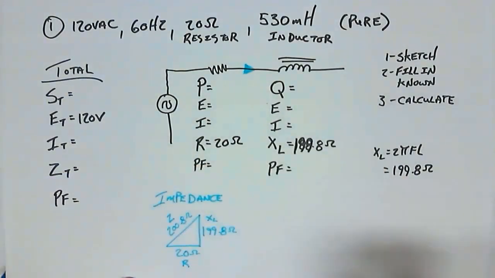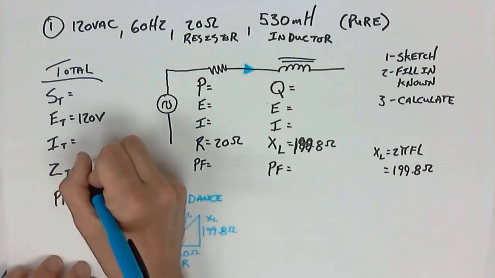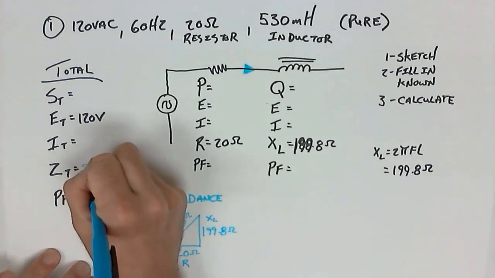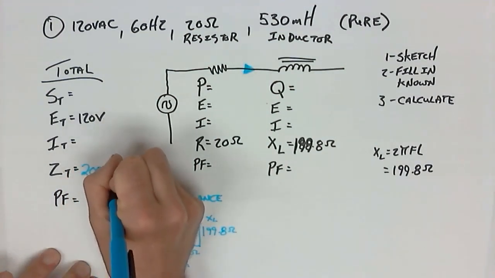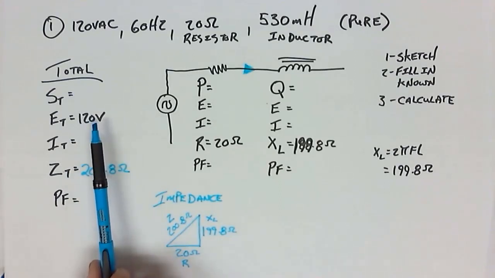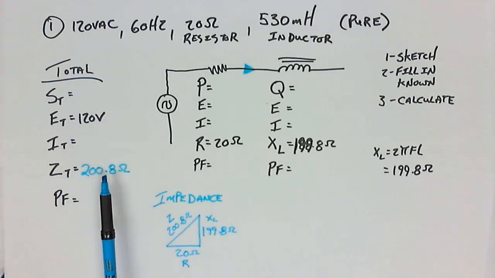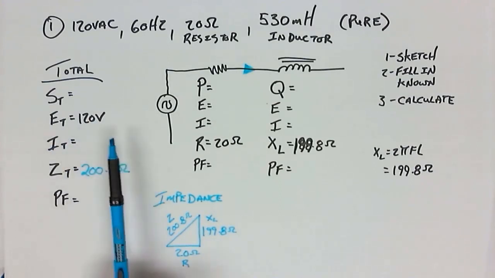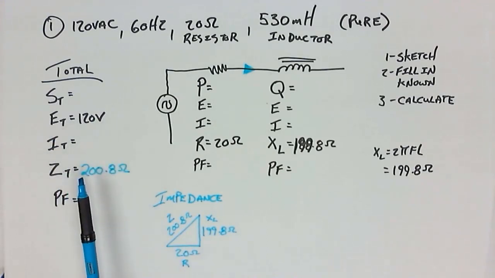This is my Z. Z, 200.8 ohms. So if I've got 200.8 ohms, I could probably write that over here, 200.8 ohms. Now, if I have voltage of the whole source and I have impedance of the whole source, then I should be able to work out current of the whole circuit.